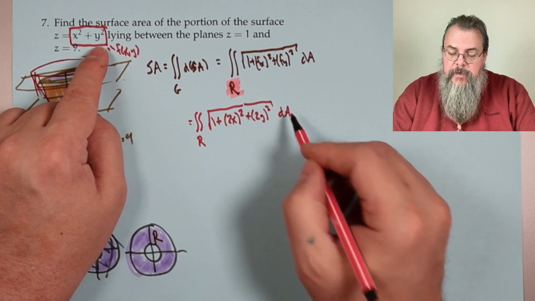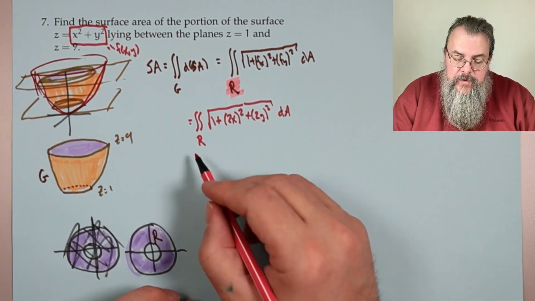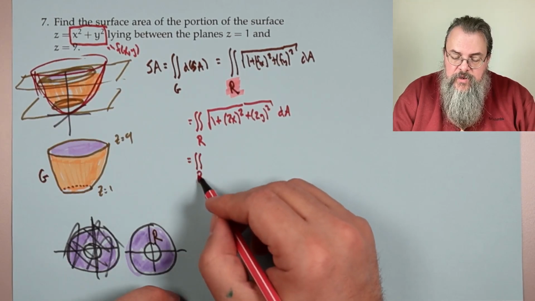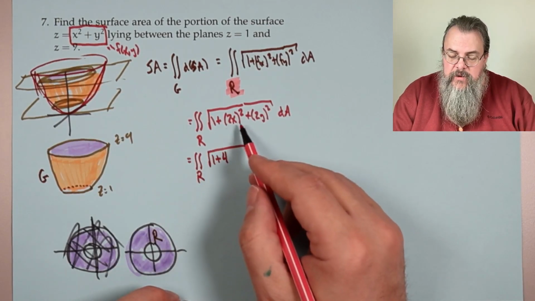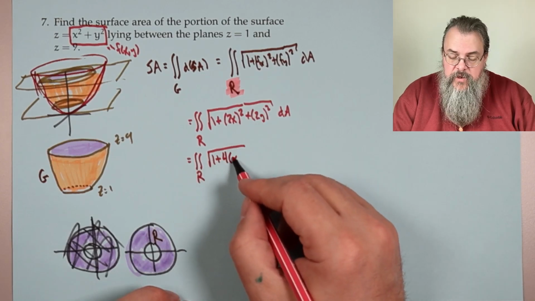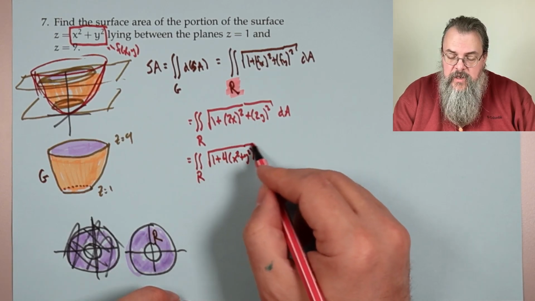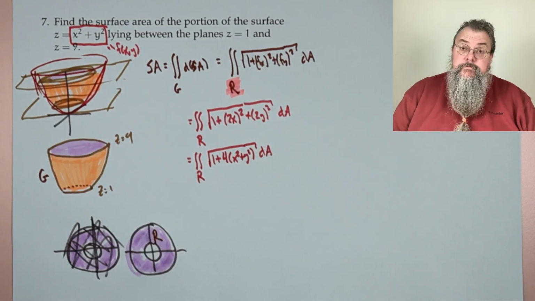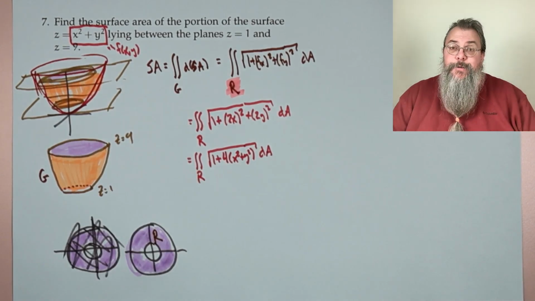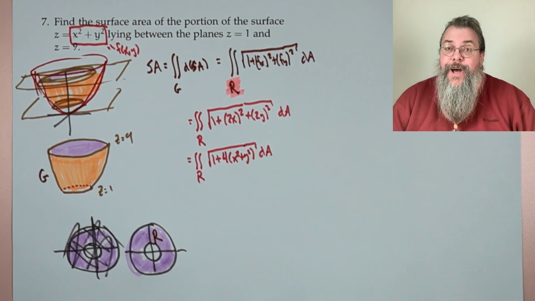And dA. That's the integral over the region of the square root of 1 plus 4x squared plus 4y squared, or 1 plus 4 times x squared plus y squared. And now we wonder how we are going to integrate this.